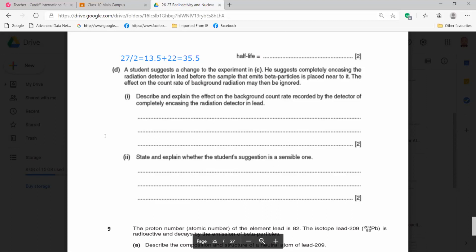The effect on the count rate of the background radiation may then be ignored. Describe and explain the effect on the background count recorded by a detector of completely encasing the radiation detector in lead.